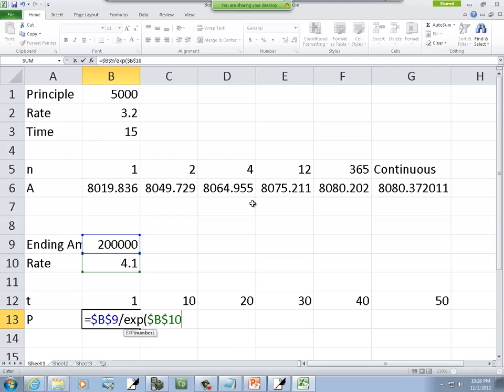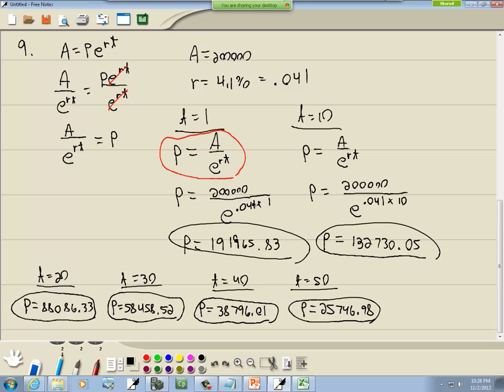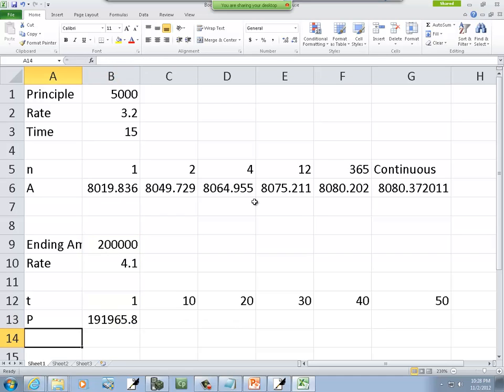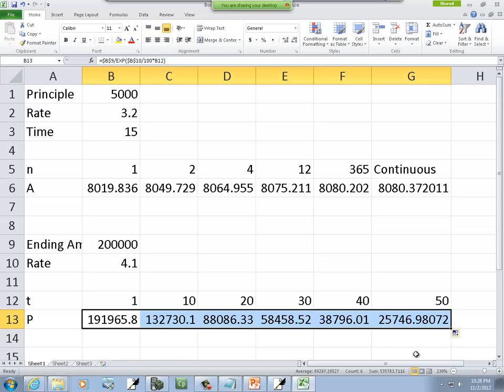Now I have to change that to the decimal, so I do divide by 100. And then times T, which is in B12. Now notice I use relative referencing there. I don't put the dollar signs before it. And then I press enter. And now, since I've done the absolute and relative referencing, I can fill that over. And you see I get the same values.